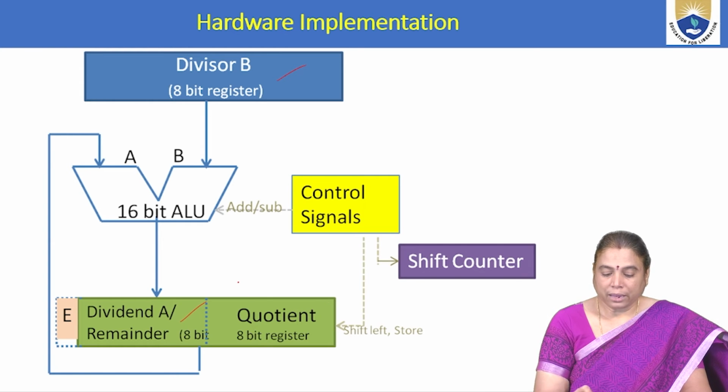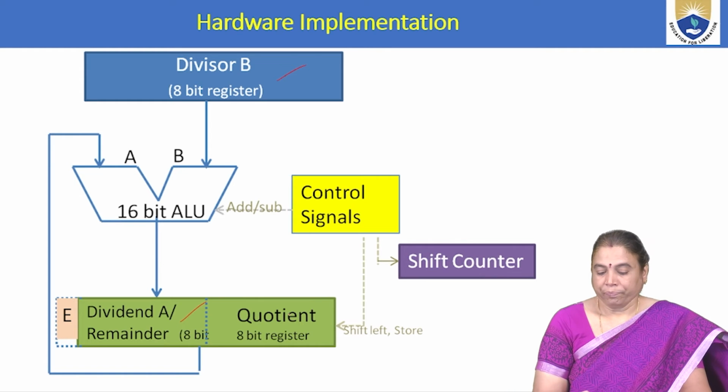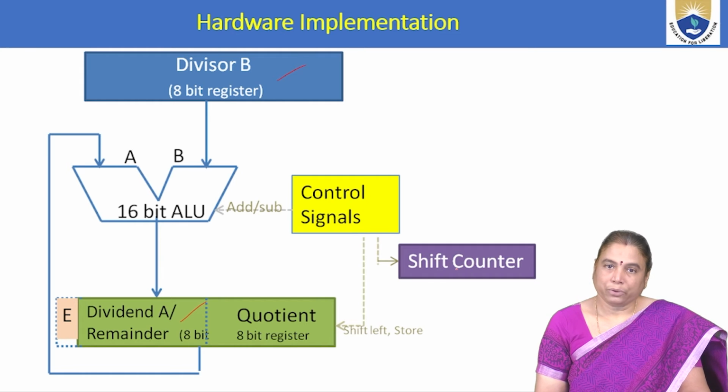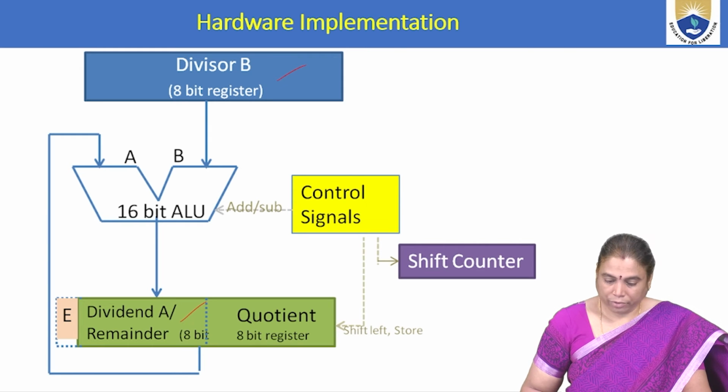And here the ALU performs the operations, and subtraction is performed with the 2's complement addition. If an extra carry is generated, that can be stored in the E. So in order to perform the shift operation, a shift counter can be used. So this is the electronic circuitry required to perform the binary division.